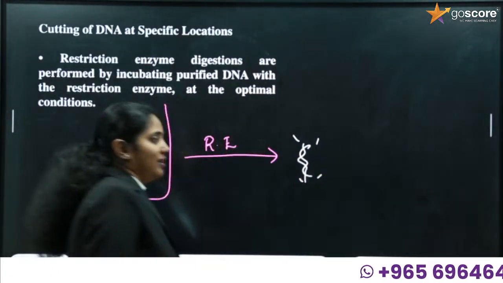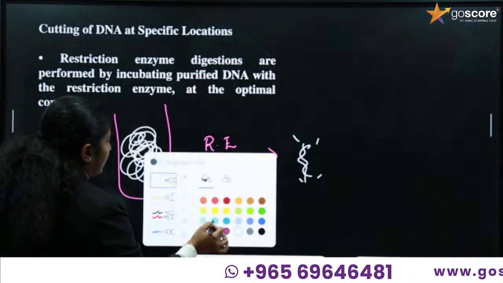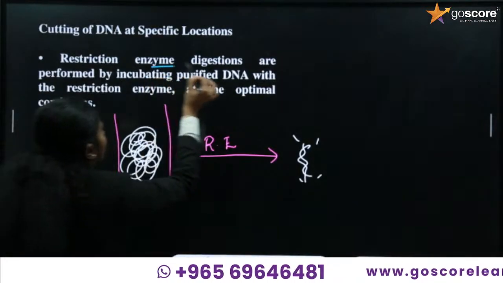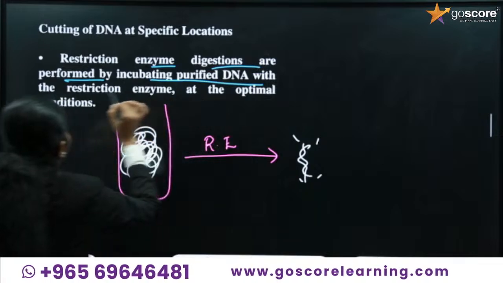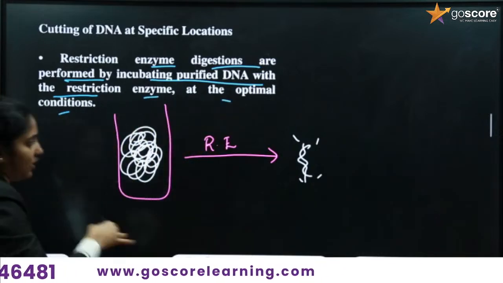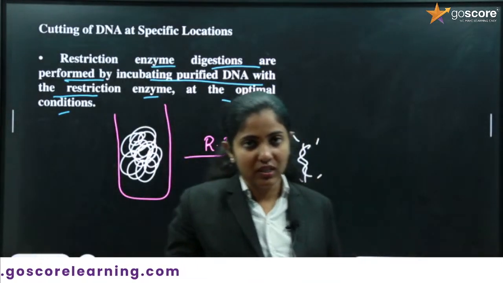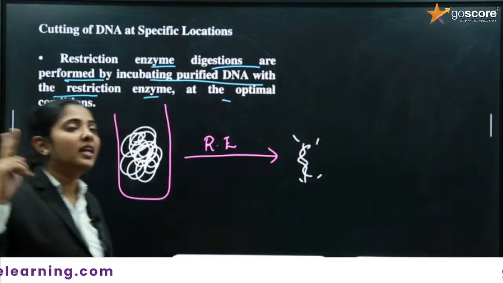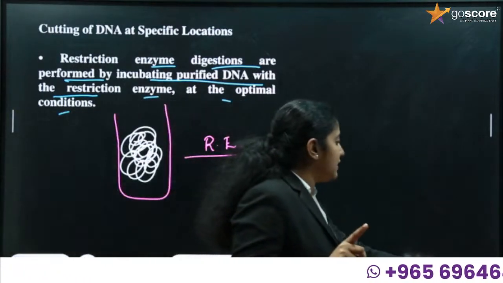Restriction enzyme digestions are performed by incubating purified DNA with a restriction enzyme at the optimal condition. The restriction enzyme cleaves the DNA and the desired target DNA is ready. That is the second step.